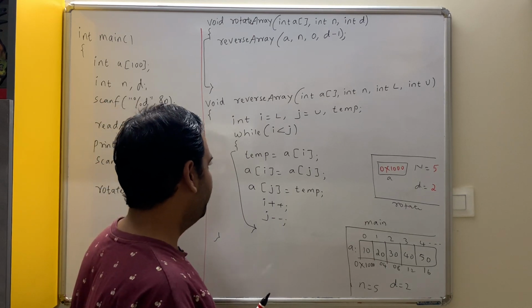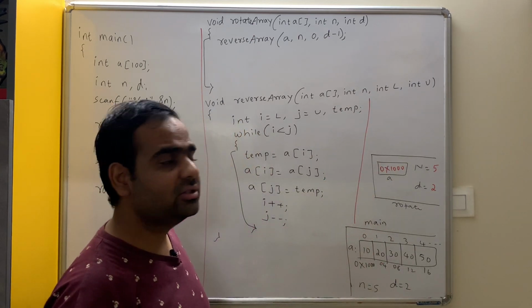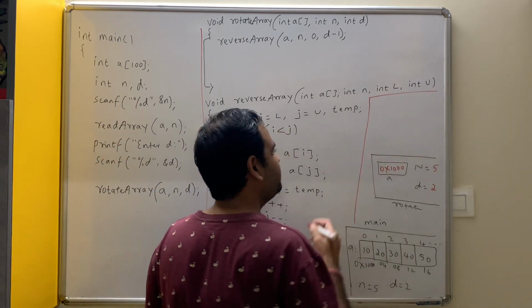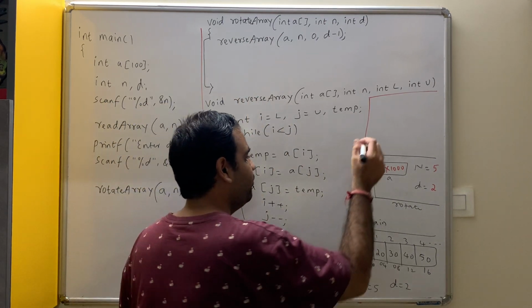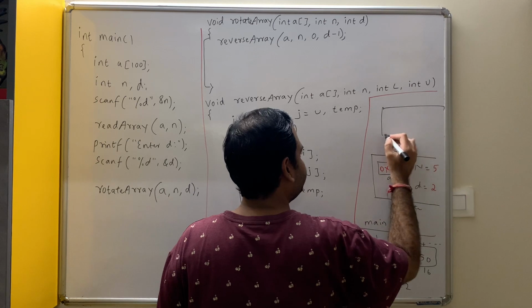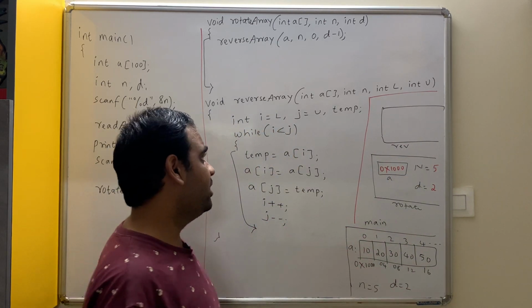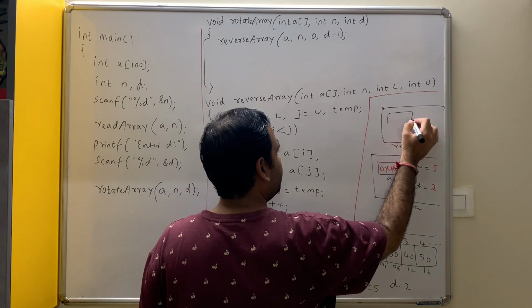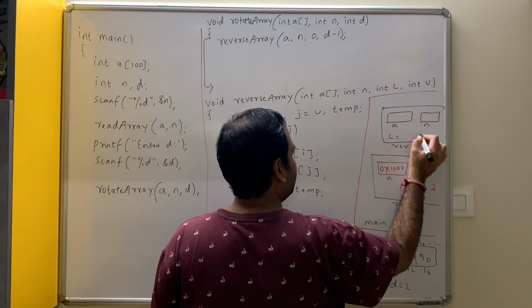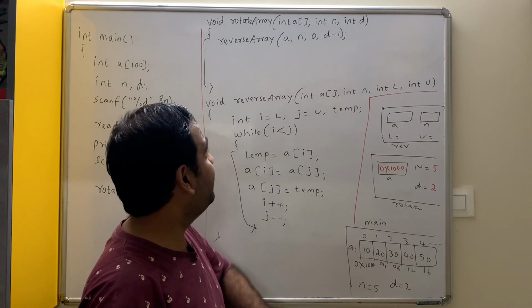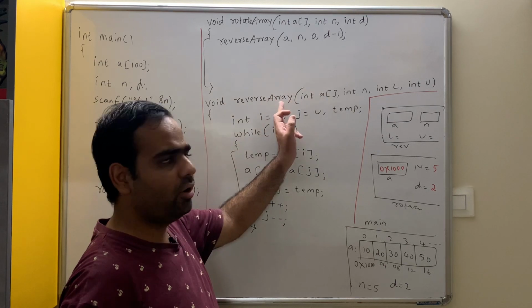Now what happens whenever you call a function, the scope of the function gets activated. We are calling the reverse array function. How many parameters are there? There are 4 parameters. This is A, this is n, this is l, and this is u. Now A from rotate array will be copied to A of reverse array.